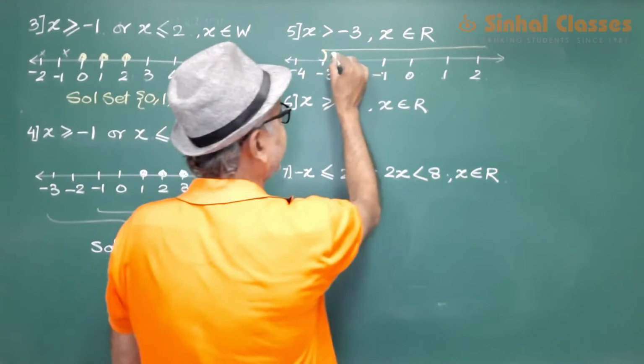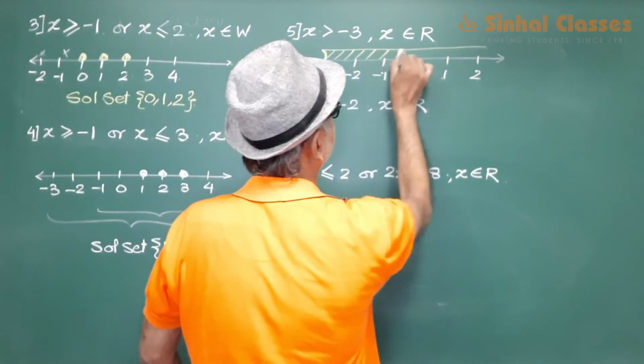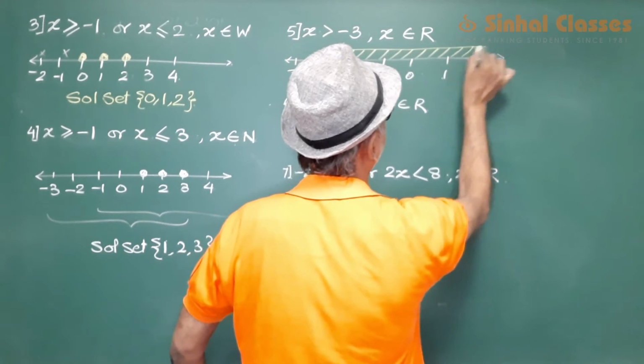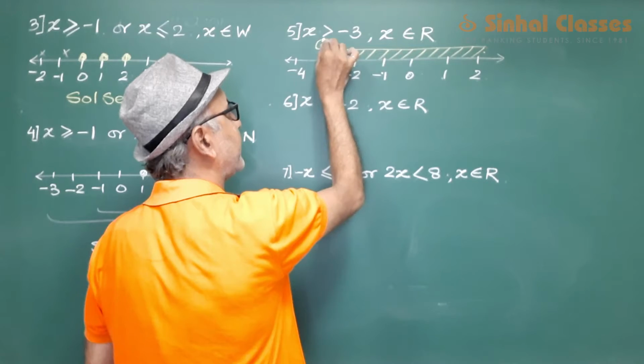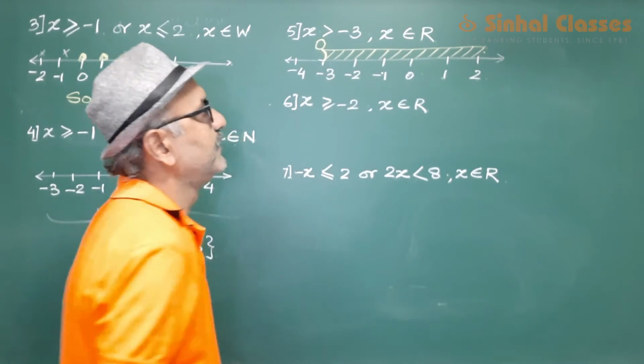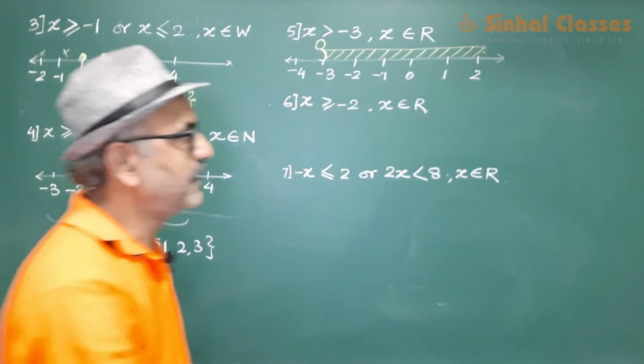And then you shade a line, and you put a hollow circle. So guys, remember this.